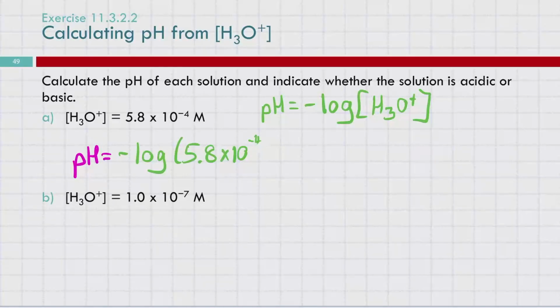And then we press equals. You might have to press your log button twice to get the actual log instead of the ln. And you should get out 3.236... That's your pH value.